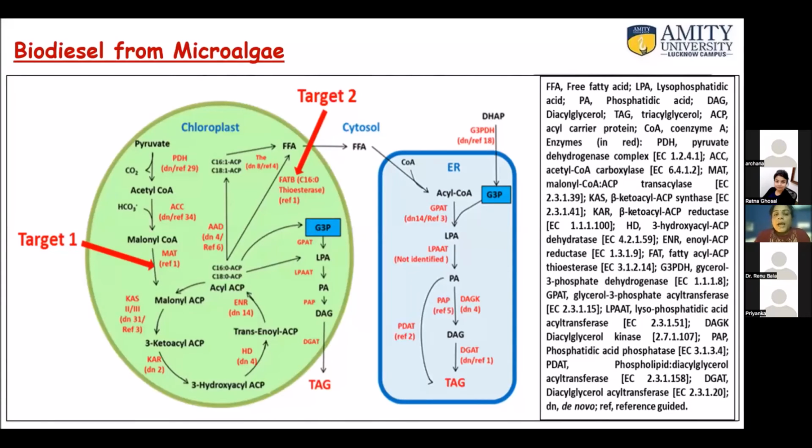For that, we can do some metabolic engineering. So we have identified two targets where we can overexpress those enzymes to increase the lipid concentration. This work we are doing now with a project of SERB.